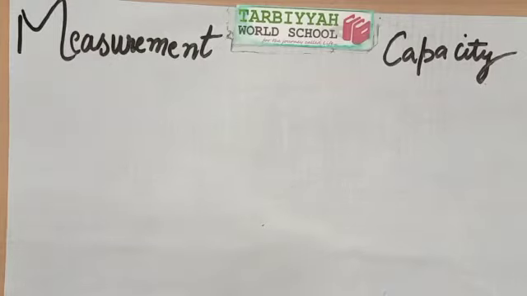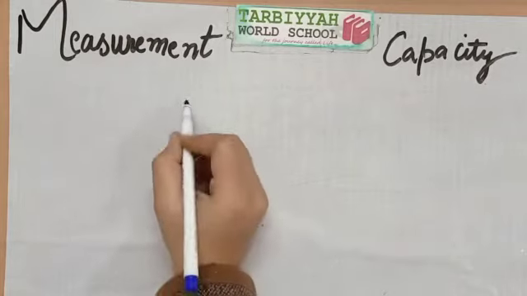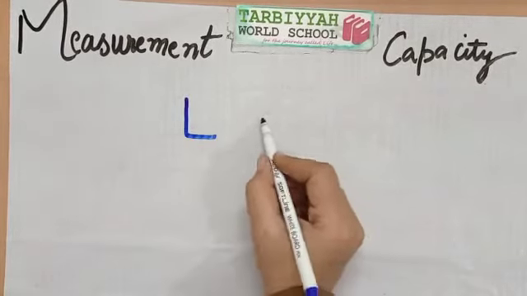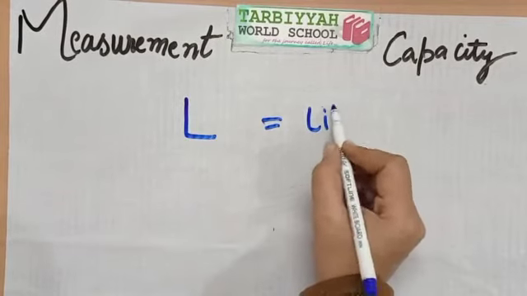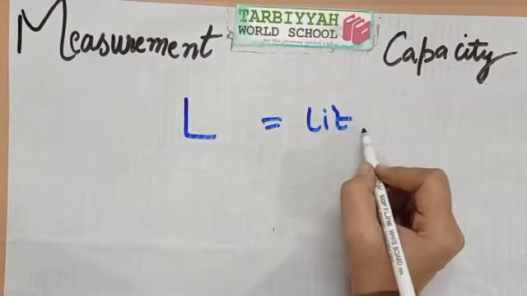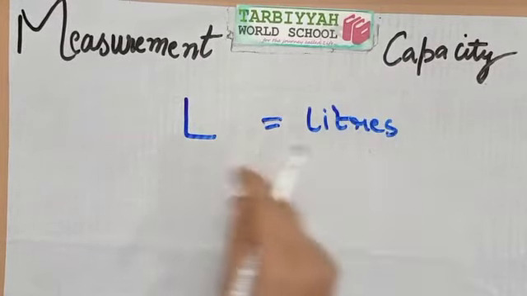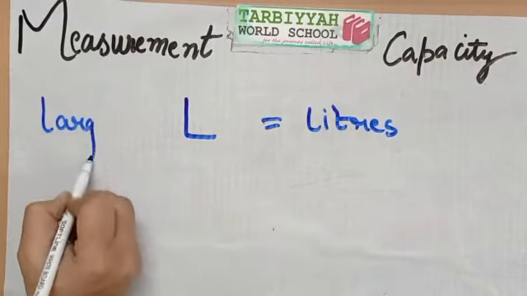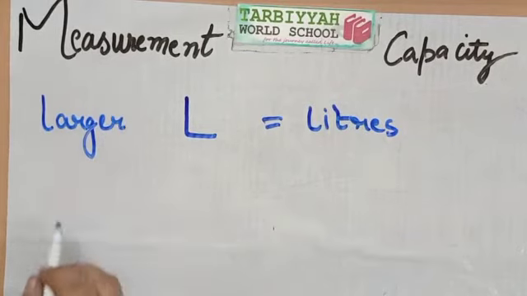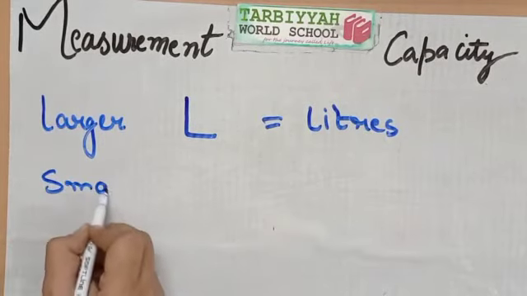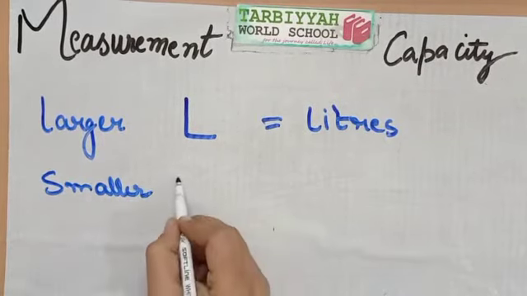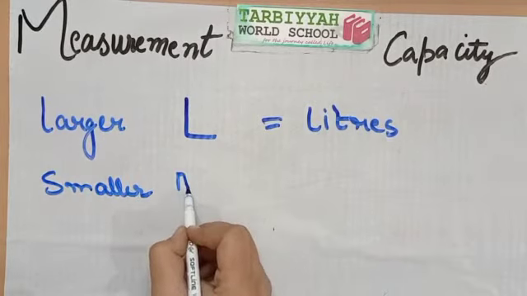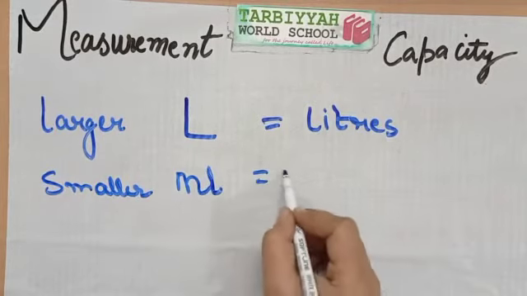For measuring the liquid, we use liters. We use liters for larger quantity, and for smaller quantity we use milliliters.